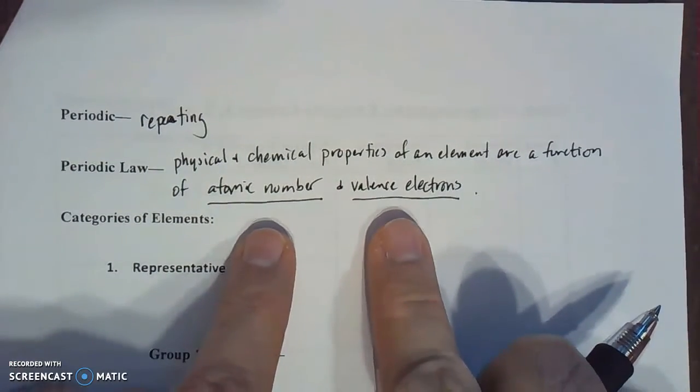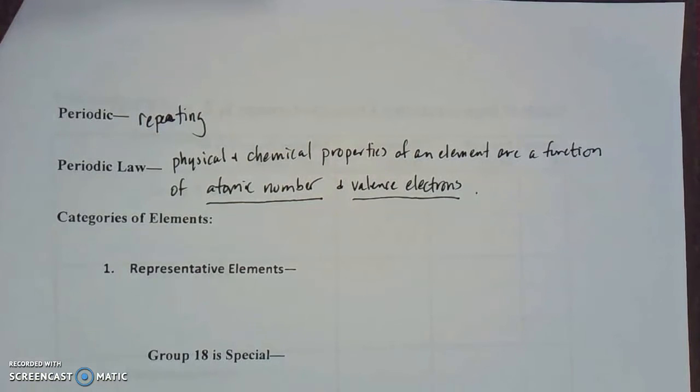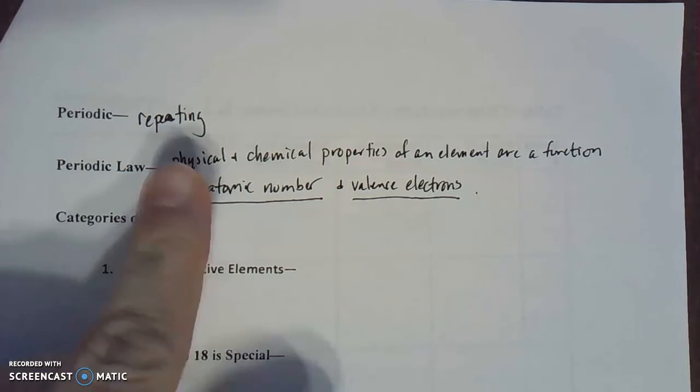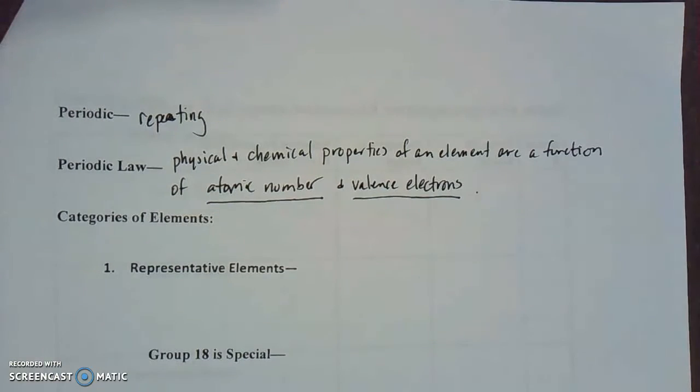So these two things, atomic number, which tells us what an element is. So if I said that we are looking at element number 20, we know that that is calcium. So that tells us what the element is. And we know based on its position and number of valence electrons that it has 2 valence electrons, which makes it fairly reactive, so we can determine its behavior. So the physical and chemical properties of that are based on these 2 things: atomic number and valence electrons.